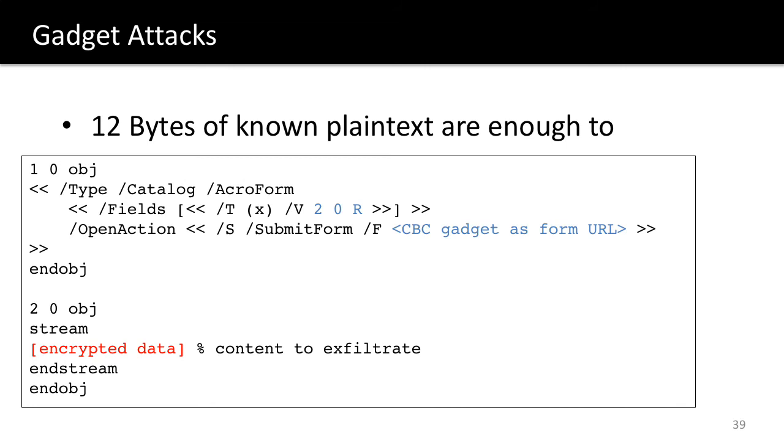So this is basically the same sub-attack using PDF forms, but this time the URL where the form is to be submitted automatically once the document is opened and decrypted is also encrypted, and some targeted modifications have been performed using malleability gadgets to submit the plaintext to a certain URL.